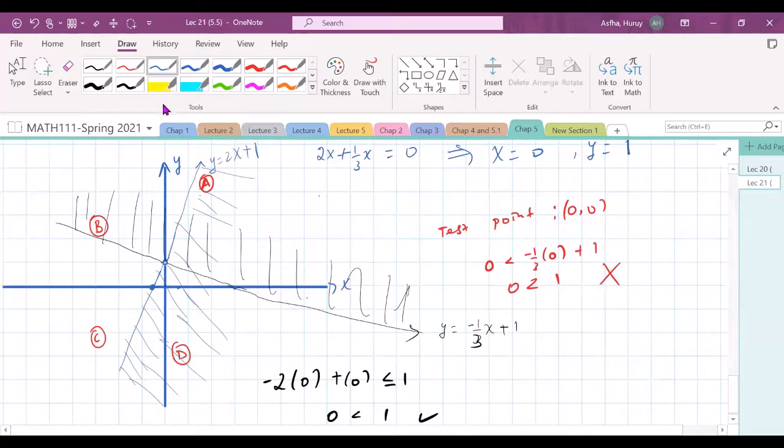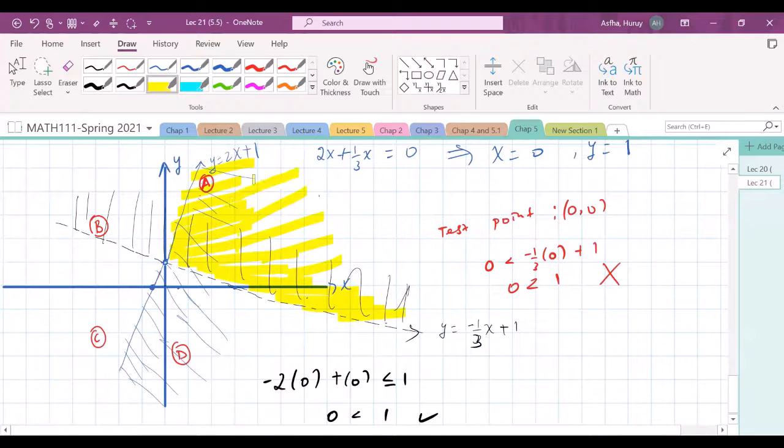And one thing that I forgot, I need to make this one a dashed line, because the inequality is strict. So we have a dashed line right here. Therefore, I will shade it more. This is the solution to the system.